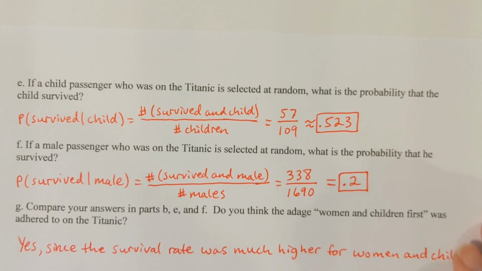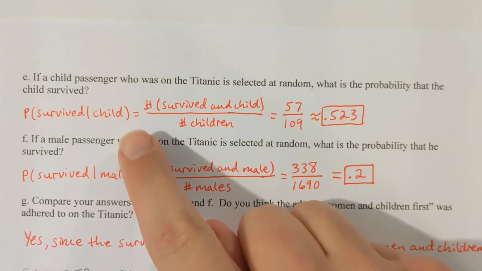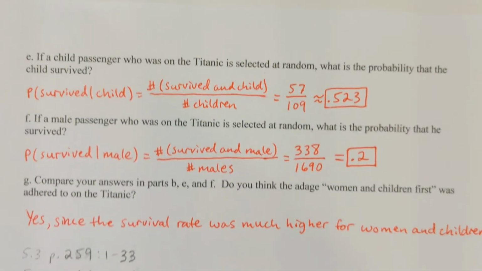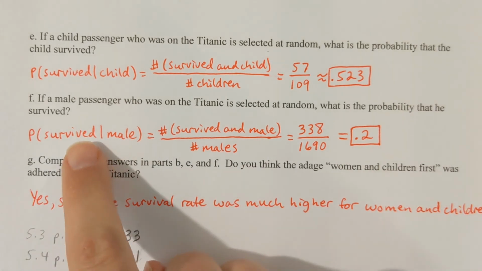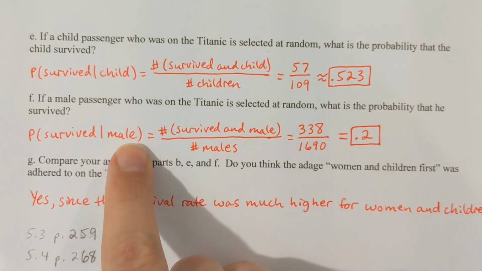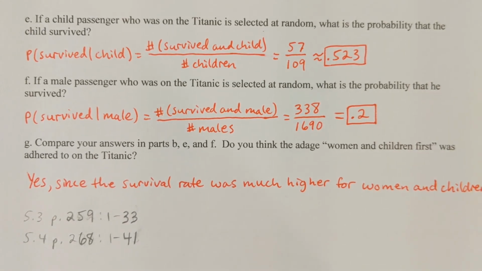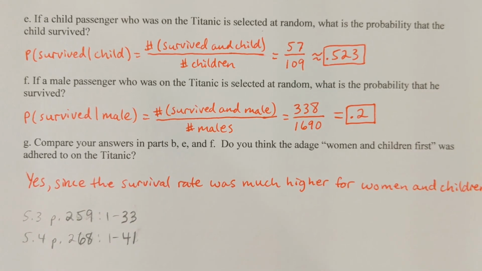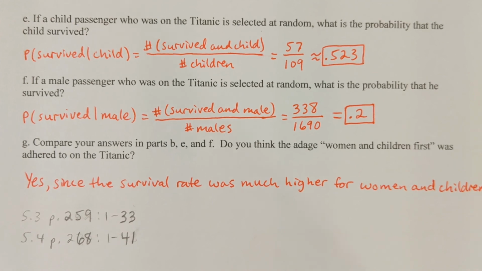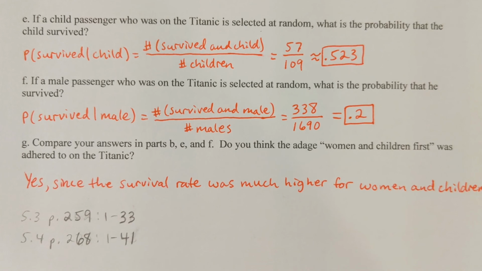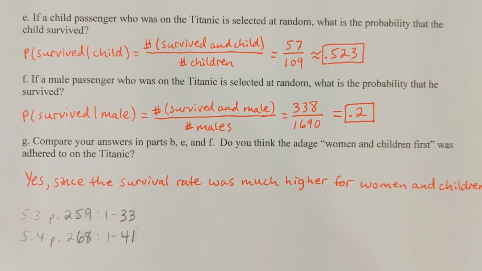You have more than a 50% chance that the person survived if you know that the person was a child. But you only have a 20% chance that the person survived if you know that the person was a male. Okay, so yeah, I buy the fact that they were using that plan, women and children first. Now, there were significantly more males on board, but when you look at the conditional probabilities, the survival rates were higher for women and children.